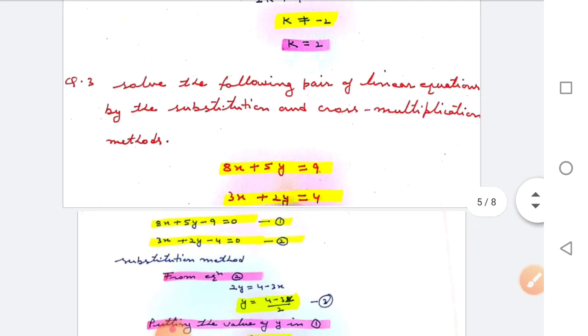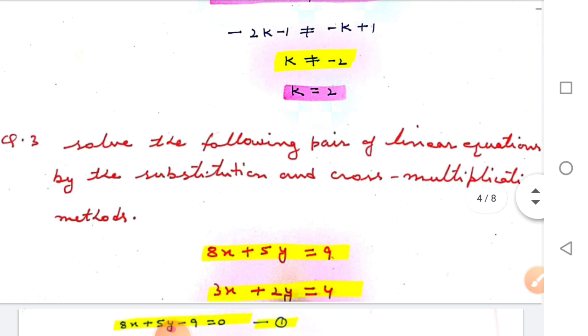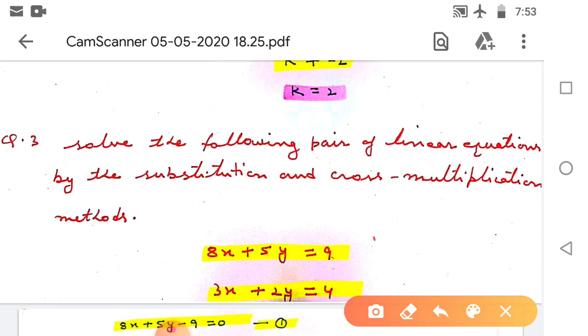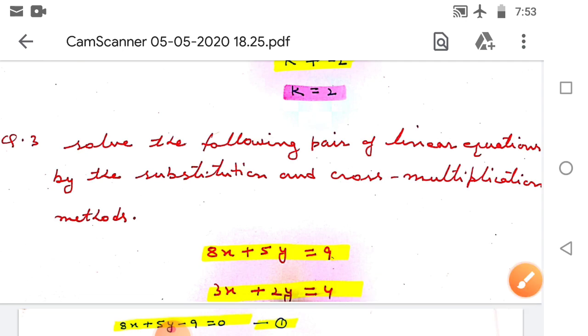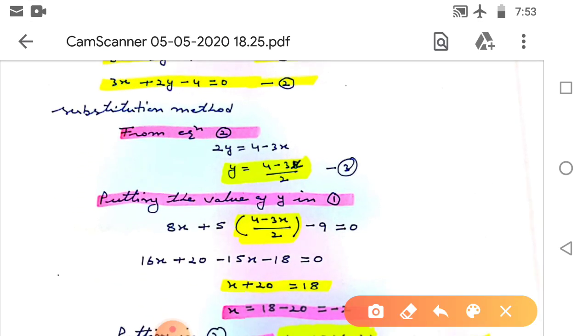Now come to question number 3. The question number 3 is simple. The question is, solve the following pair of linear equations by substitution and cross multiplication methods. Right? So equations are 8x plus 5y is equal to 9 and 3x plus 2y is equal to 4. Right? So come first by substitution method.